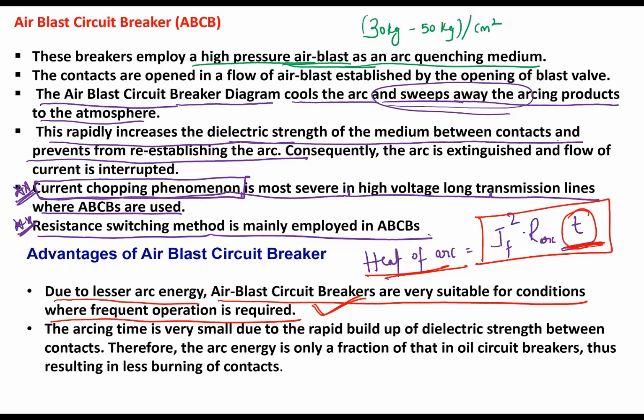The arcing time is very small because we are immediately quenching the arc. The arcing time is very small due to rapid buildup of dielectric strength between the contacts. Therefore, arc energy is only a fraction of that. So arc energy is very less, arcing time is also very less, and it is very much suitable for repeated operations.